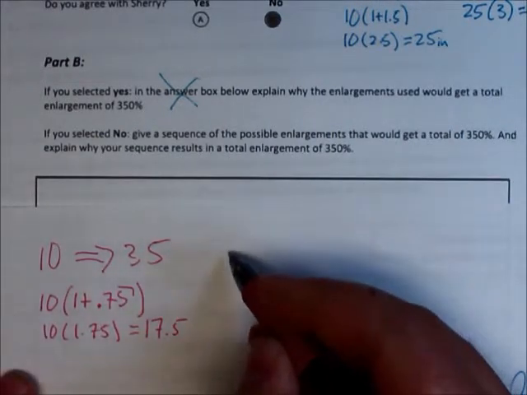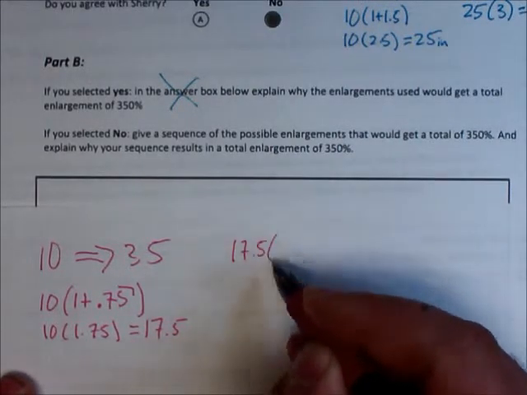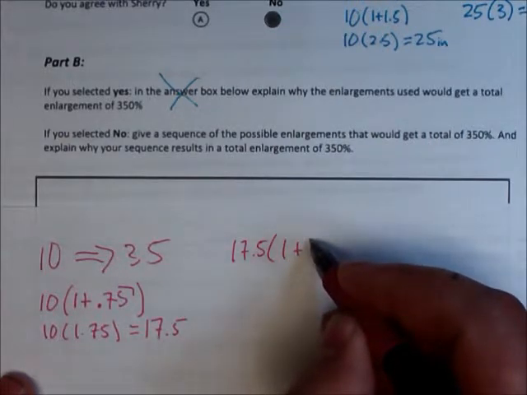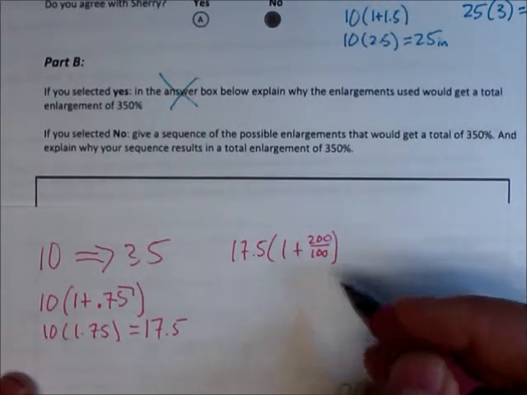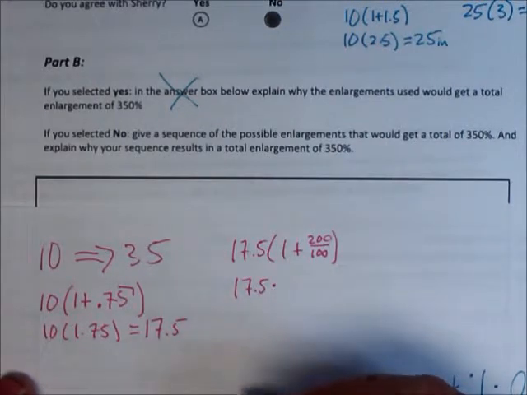So check it out. 17.5 times 1 plus 200 over 100, which is 2. Wait, no, I don't want a 200% enlargement.